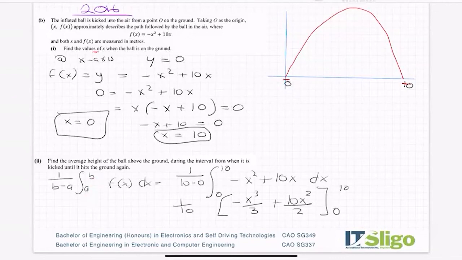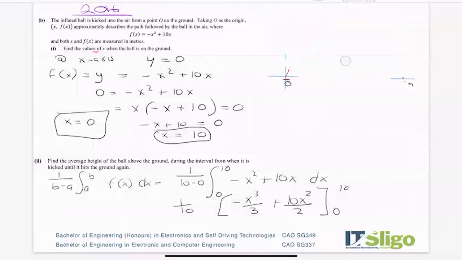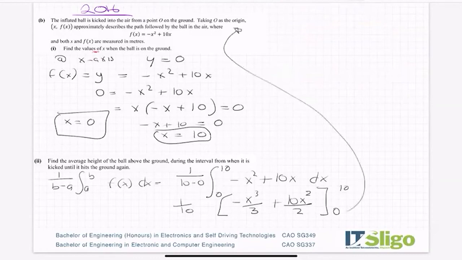Okay, now I didn't leave myself enough room for that. Let me come up here, so I'm not squishing. So it's top minus the bottom then, so 1 over 10 times the top number. So I sub in 10 for x, that's what I mean by top.